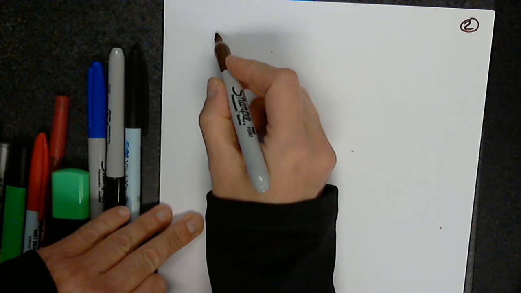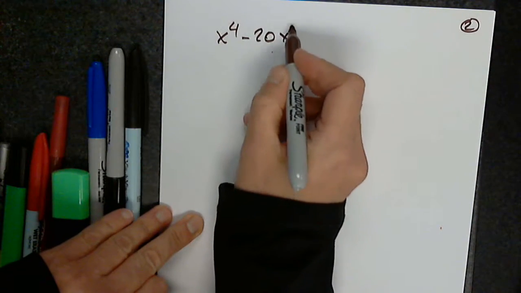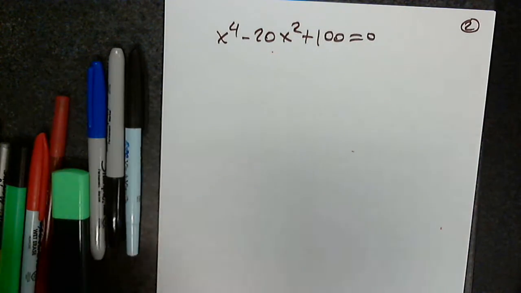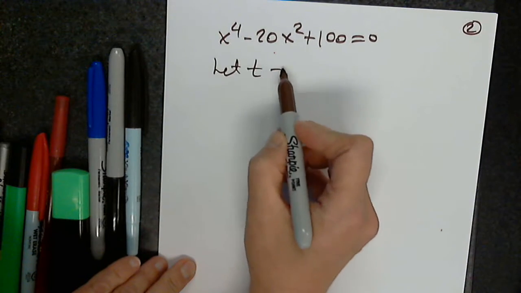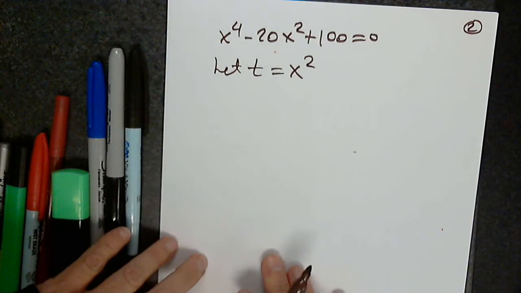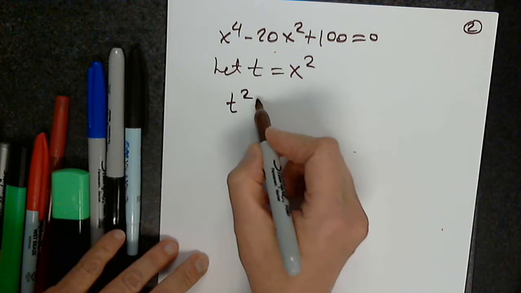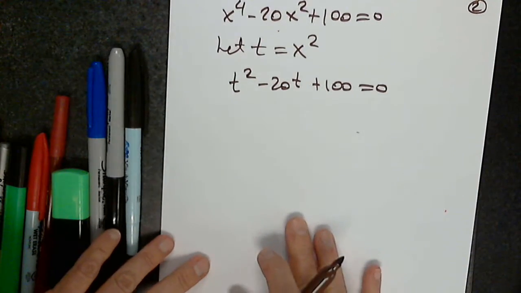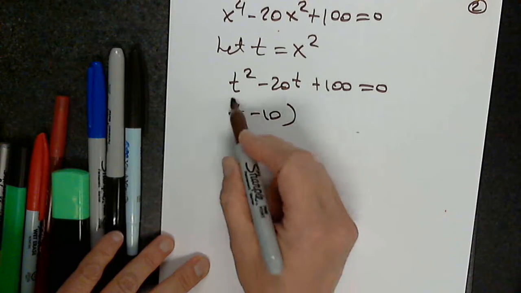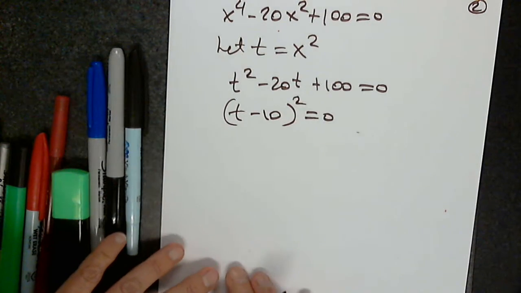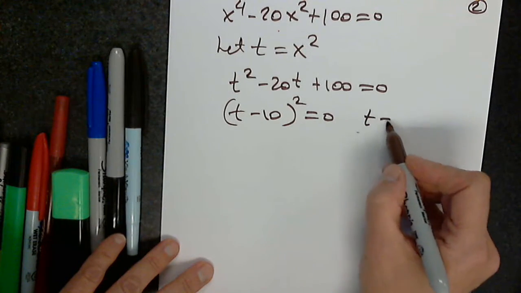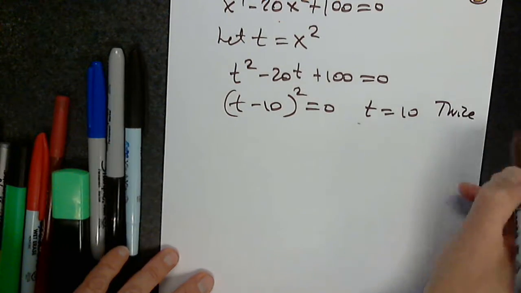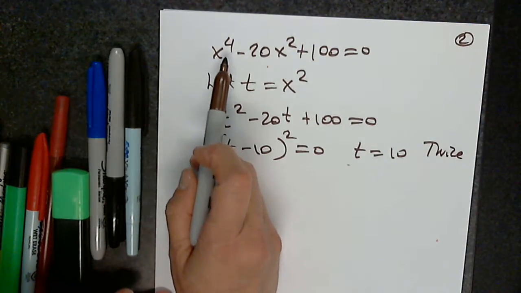So we have x to the fourth minus 20x squared plus 100 equals 0. And you said let t be x squared. Is that what you did? So therefore I have t squared minus 20t plus 100 equals 0, which is t minus 10 everything squared equals 0, which is t equals 10 twice, because I know I have to find 4 solutions.